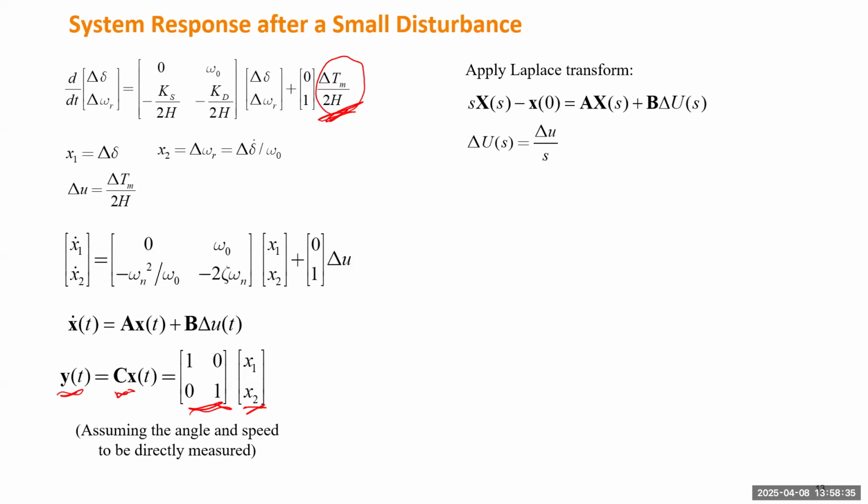First, we apply Laplace transform to this equation. And we assume the input as the step function. So a step function will be proportional to 1 over S. Okay, then we solve the output.